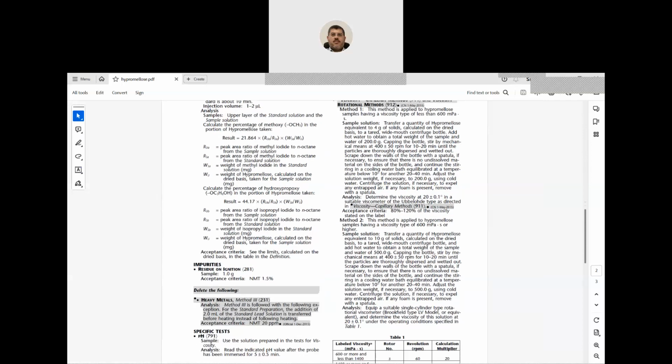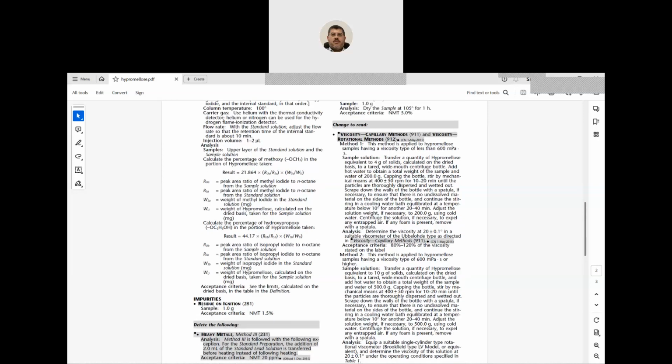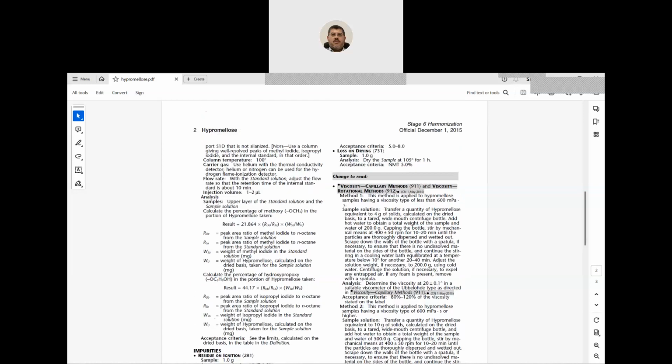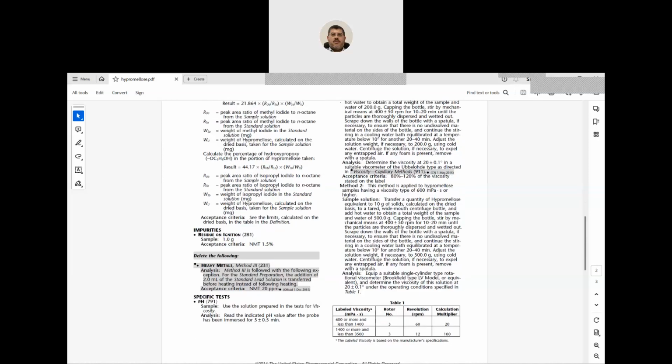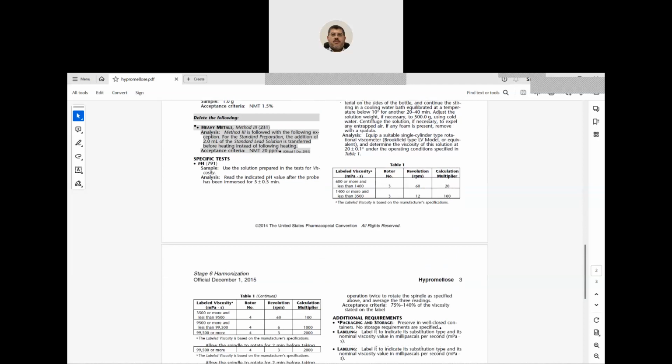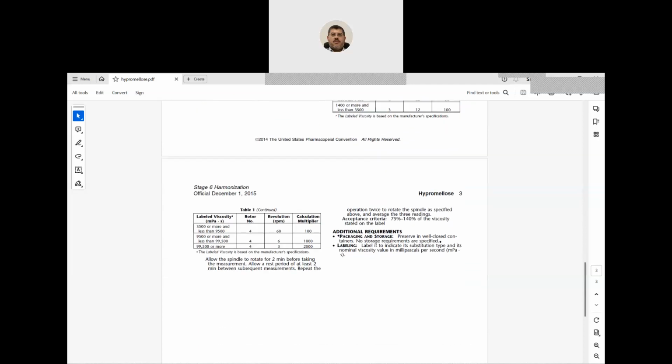And then, as you can see, tests for impurities, residue on ignition, for example, heavy metals, and then some specific tests. You should test the pH, viscosity, using the capillary method, rotational viscometer. Some additional requirements: packaging, storage and labeling.